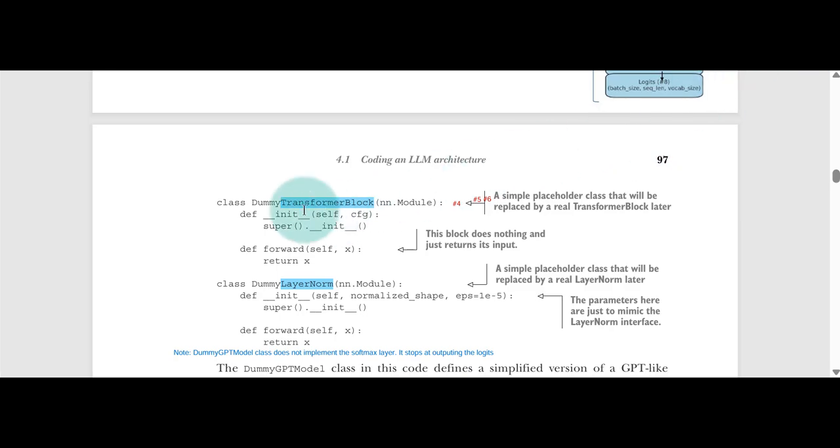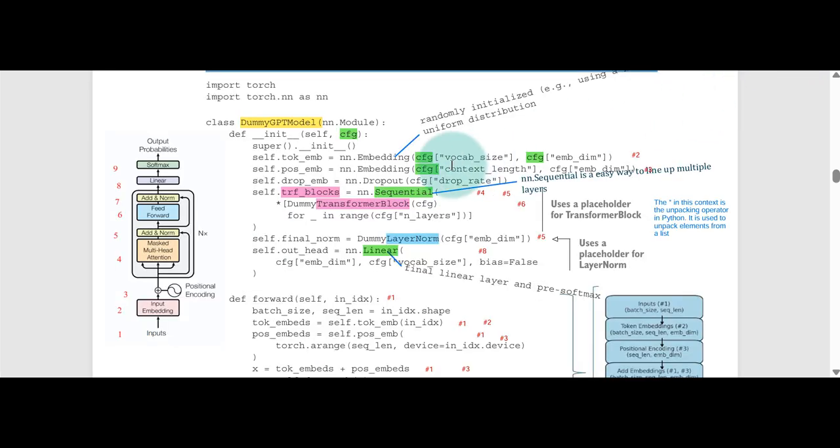This is the dummy transformer block, and you can see that the TRF blocks use the dummy transformer block, and we said we want more than one block, so we're going to use NN sequential, and then actually run a loop here. This looks like a weird loop, but run a loop here and unpack all of the transformer blocks that we're going to use. Like we said, we're going to use 12 of them.